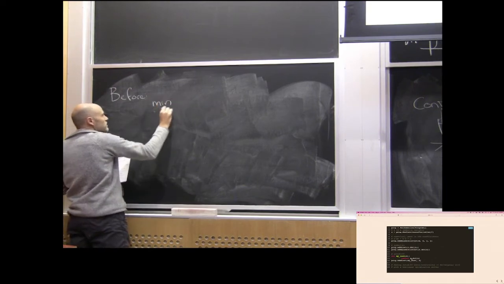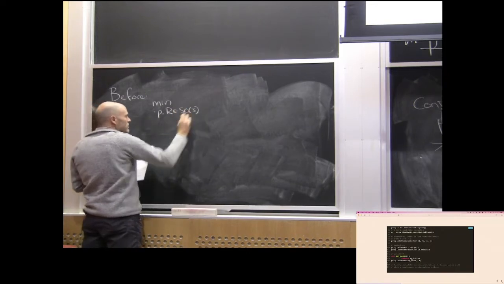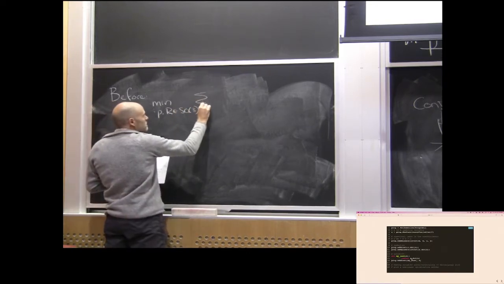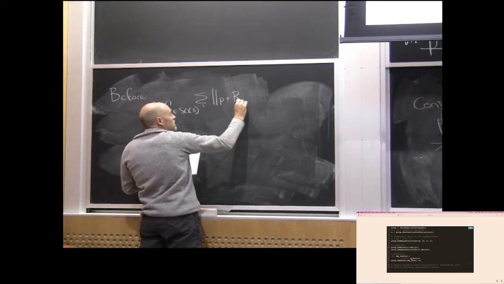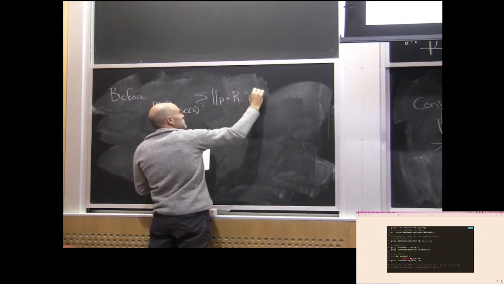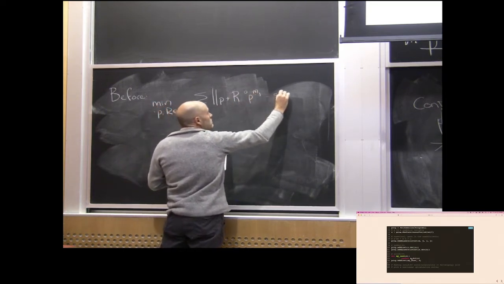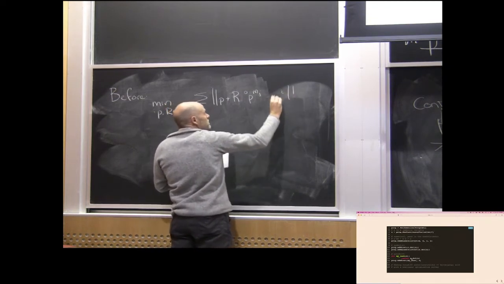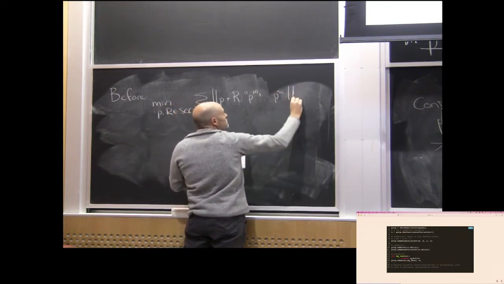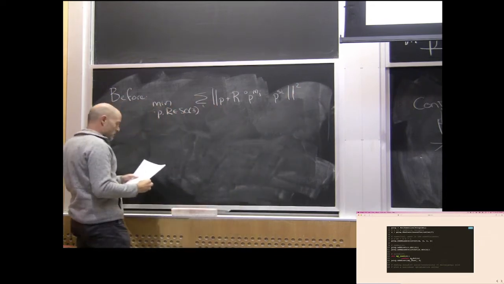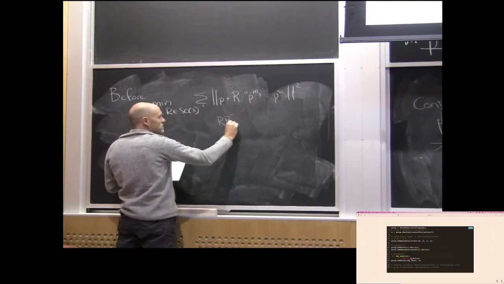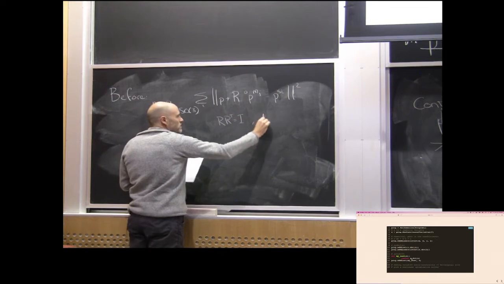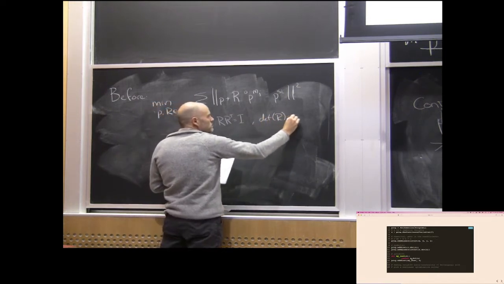If I wrote before, I was minimizing over p and R, where R was in SO(3), sum over i, of the norm of p plus R m_i minus s_i. And I could write it like this, or I can write it with R R transpose equals I, determinant of R equals +1.